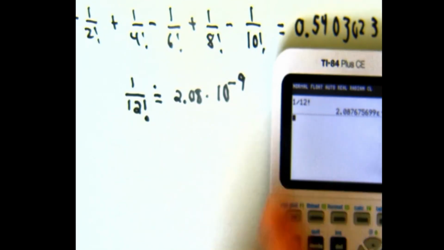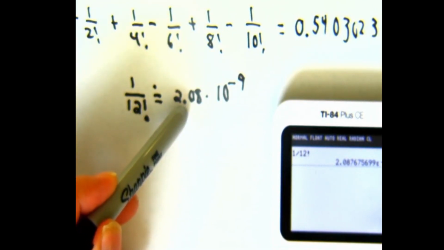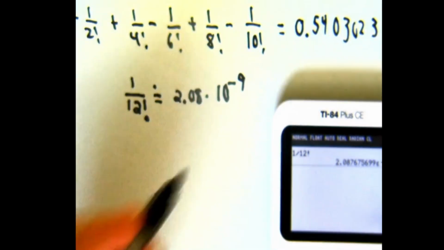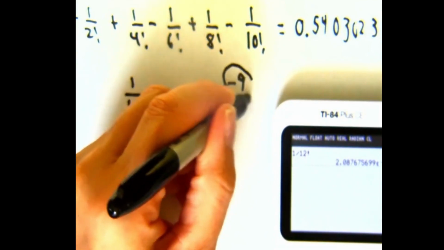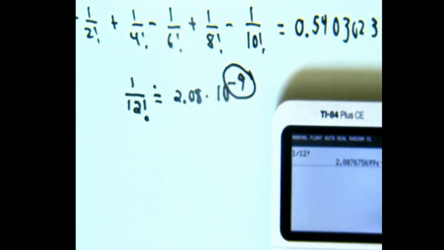The reason that I wrote all of those digits down is all of those digits are supposed to be correct. The reason that I didn't write all the digits in the 2.08 number down is that they're not very important to me. It's about 2 times 10 to the minus 9 power. The minus 9 is the important part.